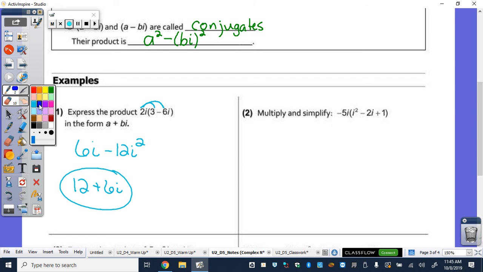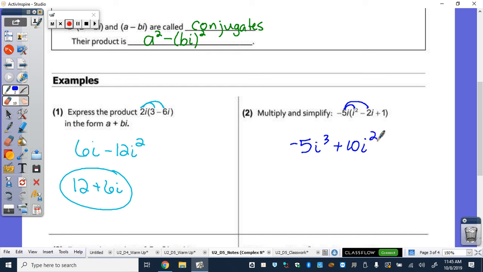Do some more multiply, so I'm going to start doing my distributive. -5i times i squared would be -5i cubed. -5i times -2i will become 10i squared. And then times the 1 would give me -5i. So that simplifies our i's here. i to the third simplifies to what?